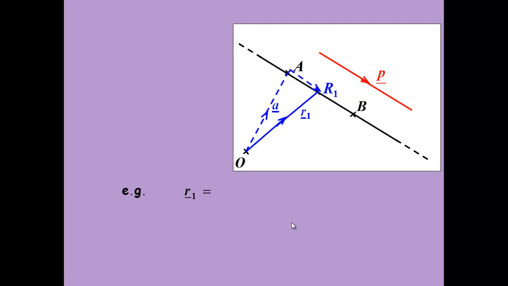So for R1 here, we could have had A, position vector on the line, plus a half AB, or A plus a third AB.